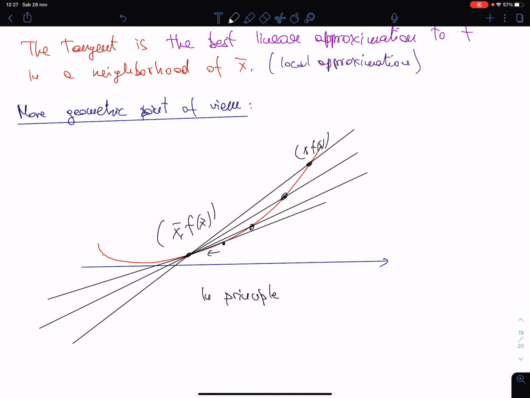but it is just an intuition, it can be made rigorous, but it is not in our scope. This is in the scope of a course of differential geometry. Probably you will never meet a course of differential geometry, so this is the only intuition I want to convey to you.